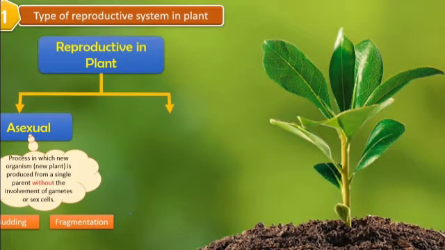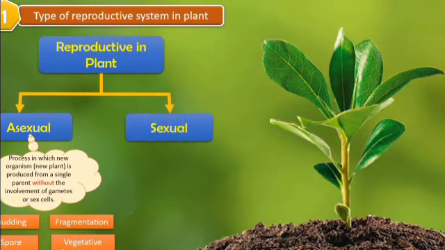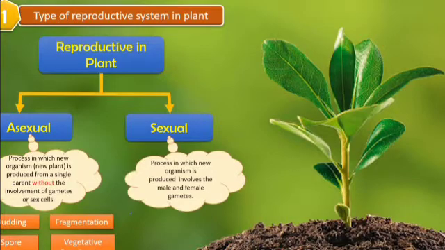There are four ways of asexual reproduction in plants: the first is budding, second fragmentation, third spore formation, and the last vegetative propagation. Sexual reproduction in plants means the process in which a new organism is produced involving the male and female gametes.